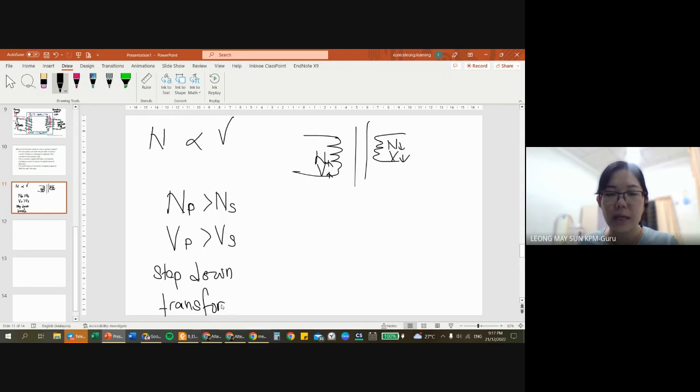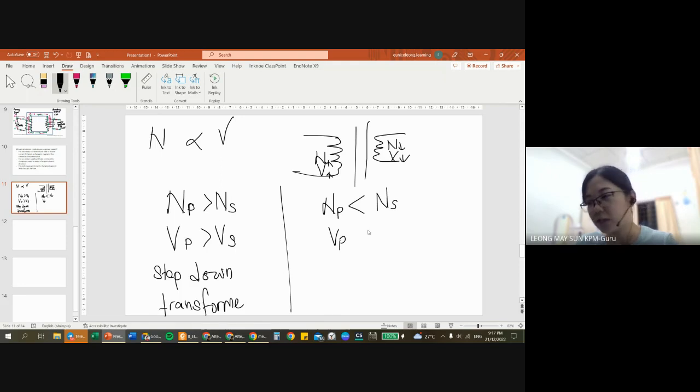All right, this is known as a step down transformer. If the number of turns of primary is less than the number of turns at the secondary, and the potential difference or voltage at primary is less than the potential difference of the secondary, this is what we know as a step up transformer.